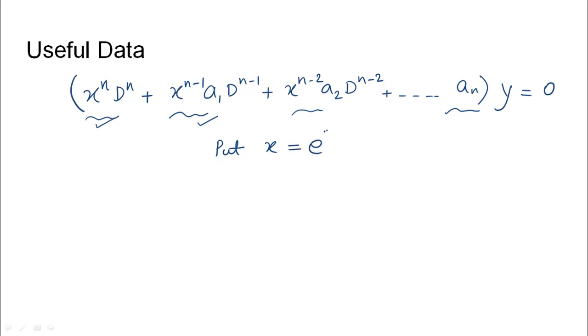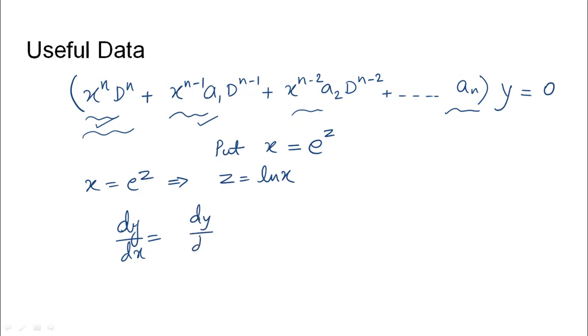We substitute x as e power z. When we use this, we will have to change these terms which are in the form of x and d. So one such example can be shown as if x equals e power z, if we take natural log on both sides, z would become ln of x. So if we need to find dy by dx, that would be dy by dz into dz by dx. dy by dz can be written as a new derivative term theta and it will be operated with y.